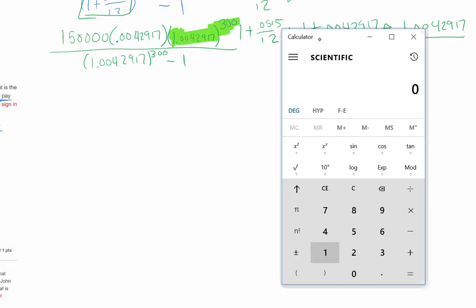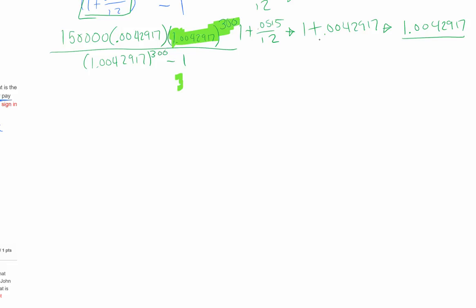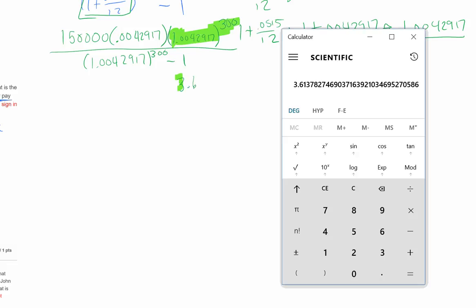So we are going to take 1.0042917, and we're going to raise it to the 300th power. Okay, that's 3.61378. All right, so we're going to get 3.61378.